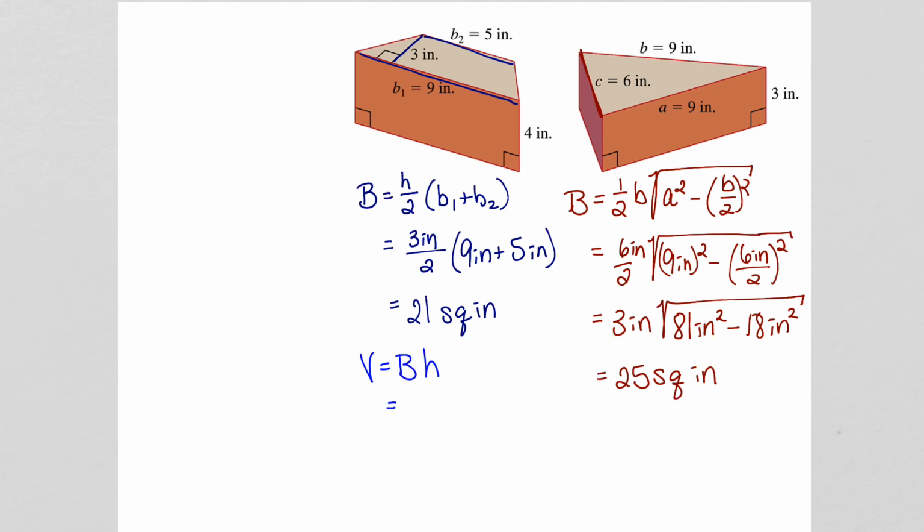And the area of the base was 21 square inches. And the height of the solid is 4 inches. So we have 84, and it's square inches times inches. So inches times inches times inches, that's cubic inches.